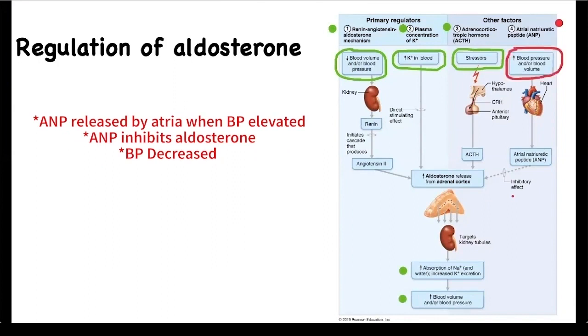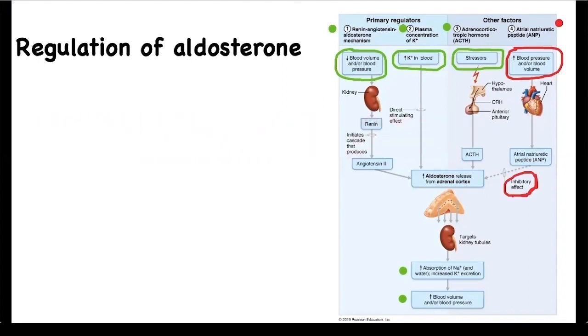This hormone is released when blood pressure is elevated by the atria of the heart. It has an inhibitory effect, inhibiting the release of aldosterone from the adrenal cortex. These four mechanisms will help maintain aldosterone levels, which will be used to regulate blood pressure and sodium levels in your blood.